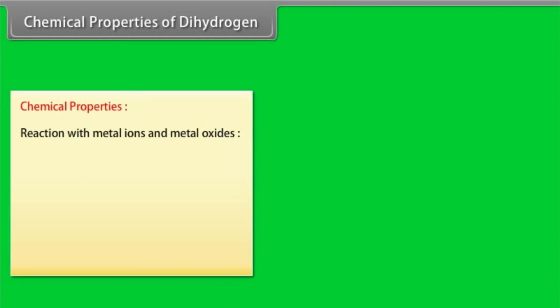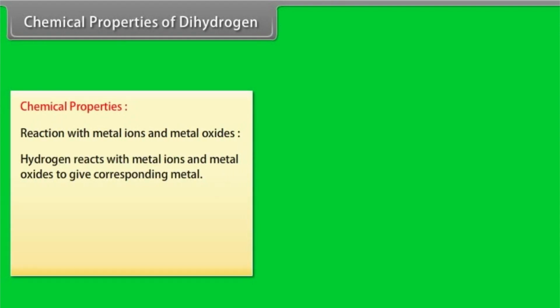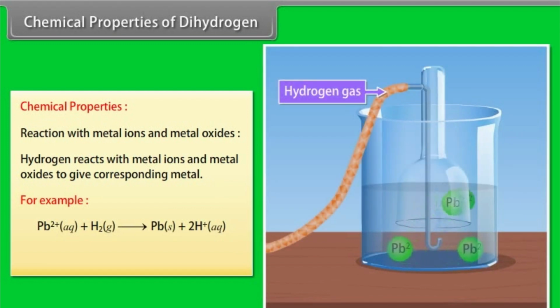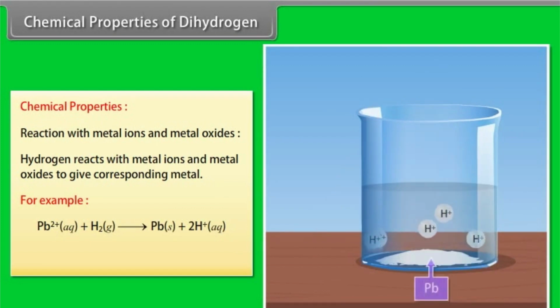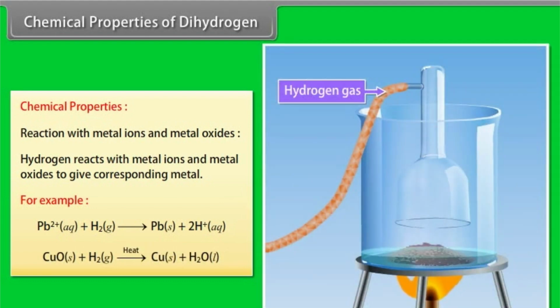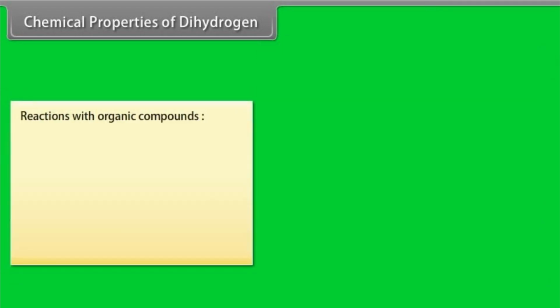Chemical properties of dihydrogen. Reaction with metal ions and metal oxides. Hydrogen reacts with metal ions and metal oxides to give corresponding metal. For example, reactions with organic compounds.